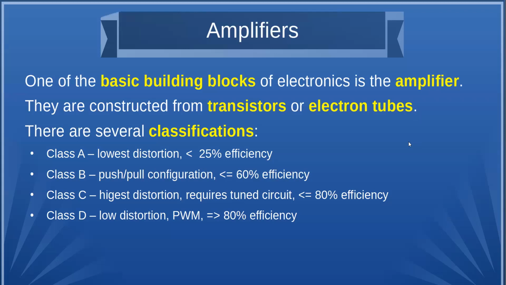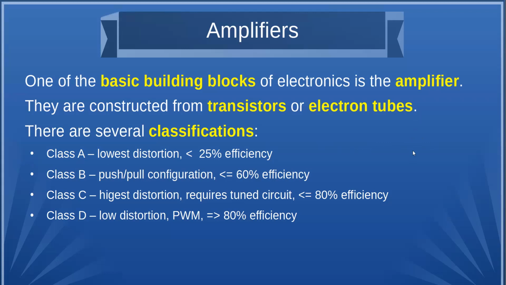Okay, so one of the basic building blocks that we need to build radios and transmitters and other electronic equipment is an amplifier. So we either use a transistor or a vacuum tube or electron tube, or a valve, as they call it in England. And there's essentially four classes of amplifiers.